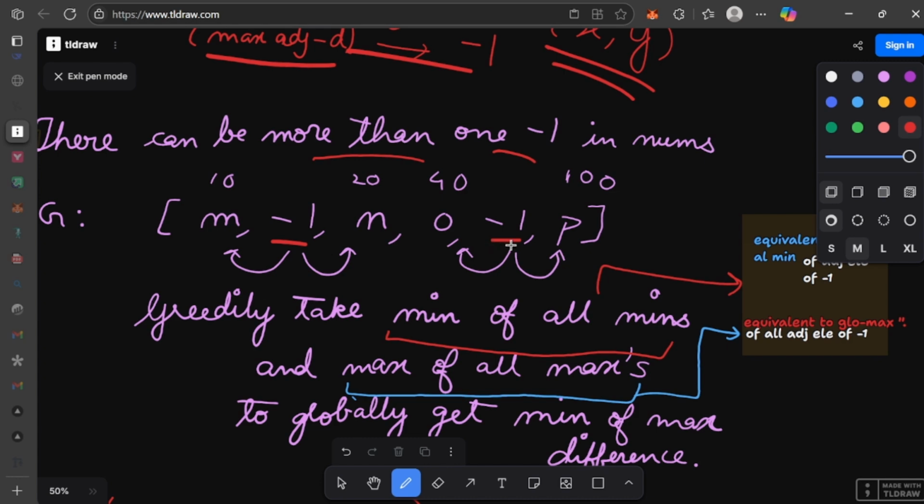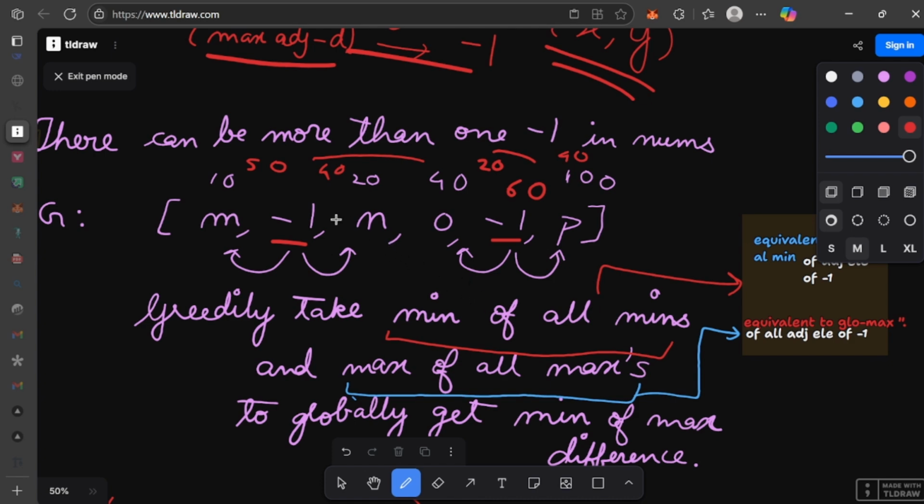Now if I only concentrated on this one and chose this 40 plus d as my answer. Suppose I put 60 here, 20, here 40, but here that 60 would give me a 50, and here it would give me a 40. So I'm still not getting the minimum, my maximum is 50.